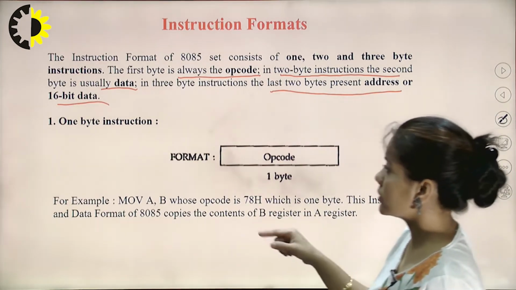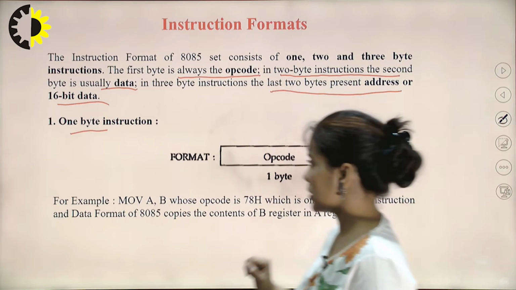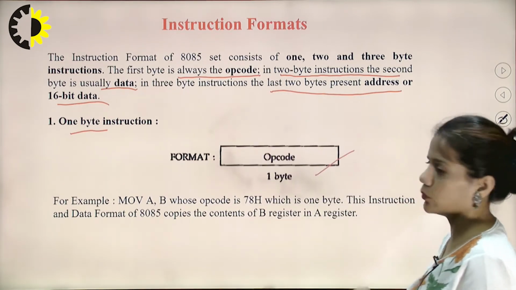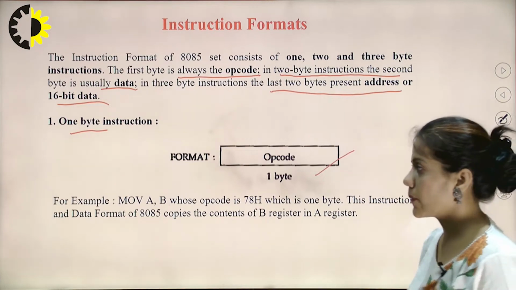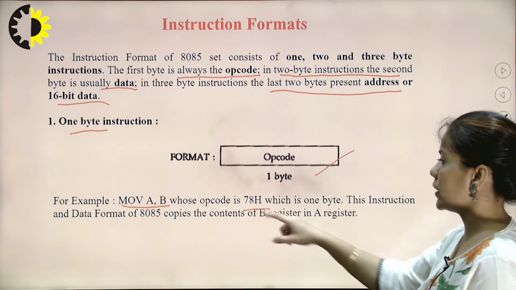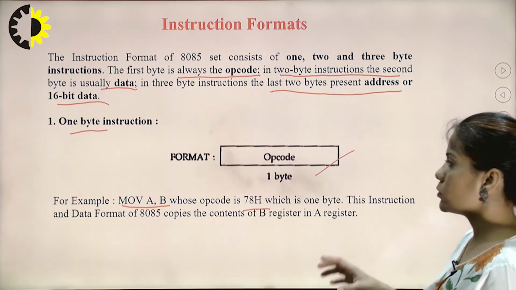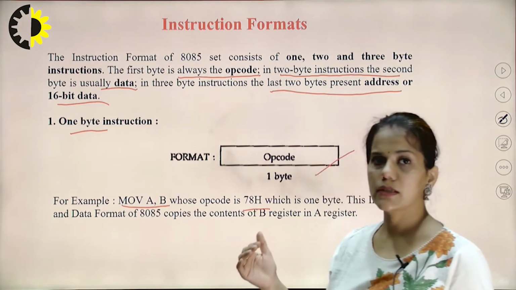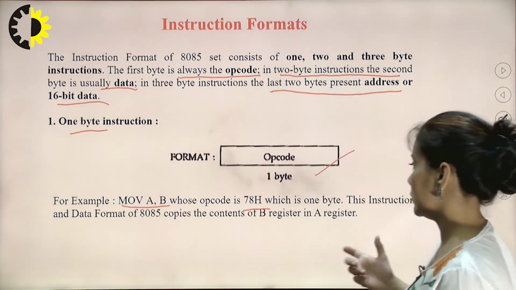Let us consider the first format, that is a 1 byte instruction. In this, the 1 byte contains only the opcode, no operand is there. For example, MOV A, B, whose opcode is 78H. So in combination, MOV A, B is a 1 byte instruction.